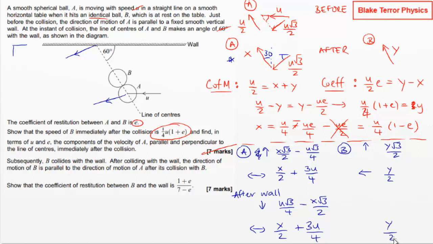That doesn't change for B because the collision happens in the opposite direction. And now that down arrow is going to be minus whatever the coefficient of restitution that we're looking for. So we've already used e, so let's go for f, it's the next one along. Minus f y root 3 over 2. So if these are parallel, we can divide these components and they should be the same. That's how the vectors work, isn't it?